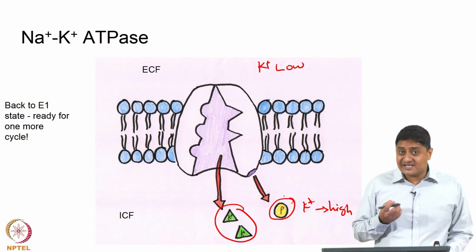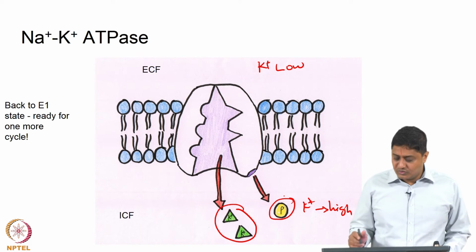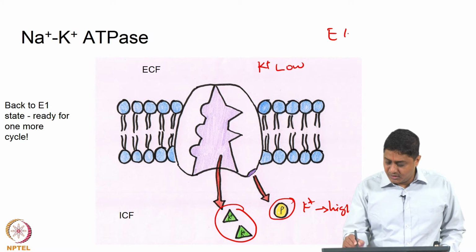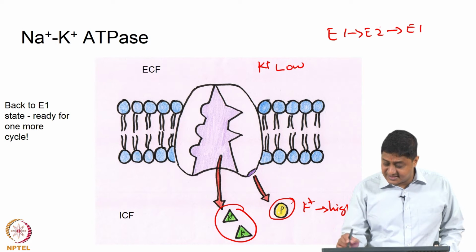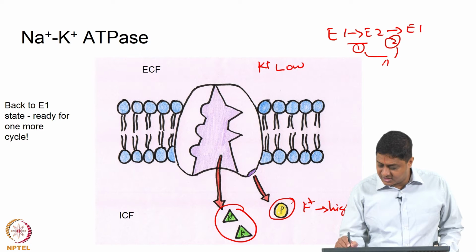So, with the expense of one ATP molecule, the number of conformational changes undergone by this enzyme is 2, between E1 to E2, and once again from E2 to E1. The cost for both these conformational changes, the first change and the second change, is 1 ATP molecule.